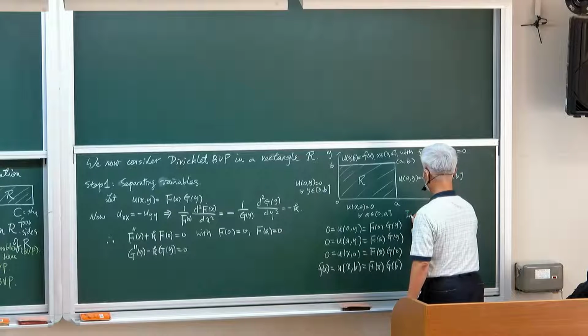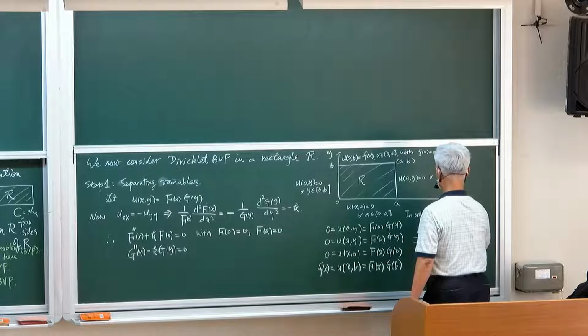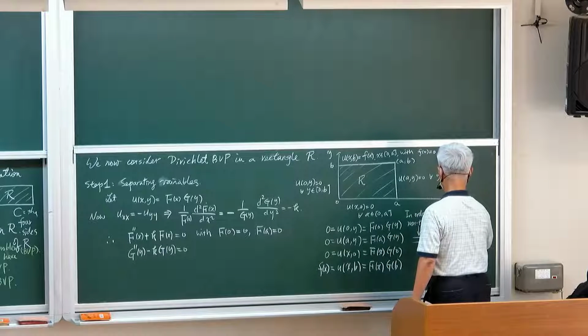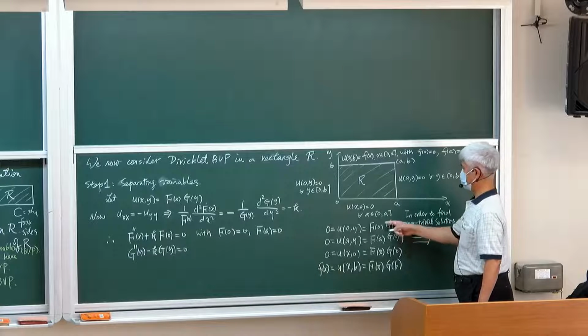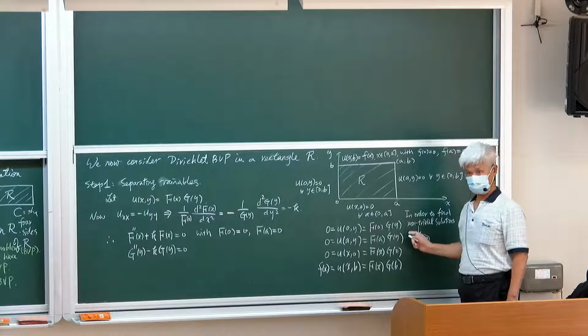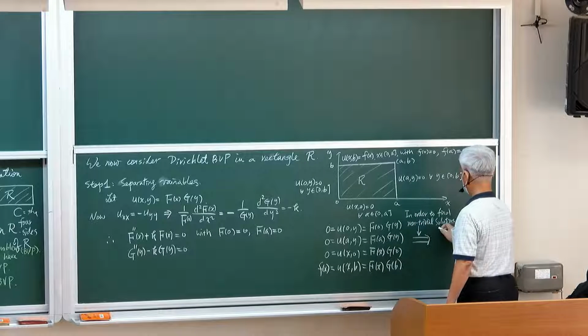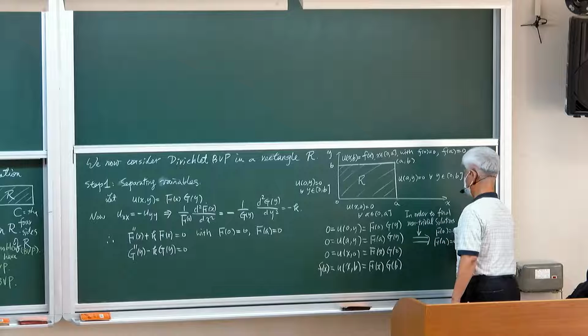In order to find non-trivial solutions, G(y) cannot be all 0, so this implies that F(0) is 0 and F(a) is 0.